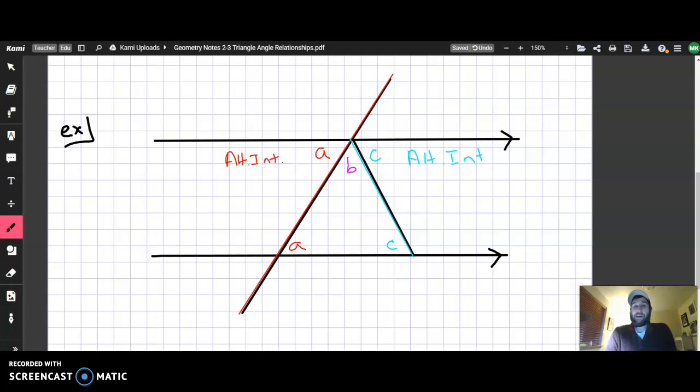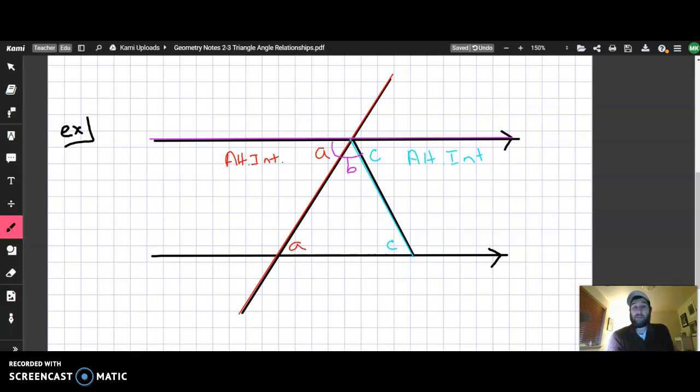And so notice that A, B, and C all make a straight line. When we look at the fact that A and C are adjacent angles, remember adjacent means next to. A and C are adjacent to B, and they're all on this straight line, but they're not just on the straight line, but they actually make the straight line.